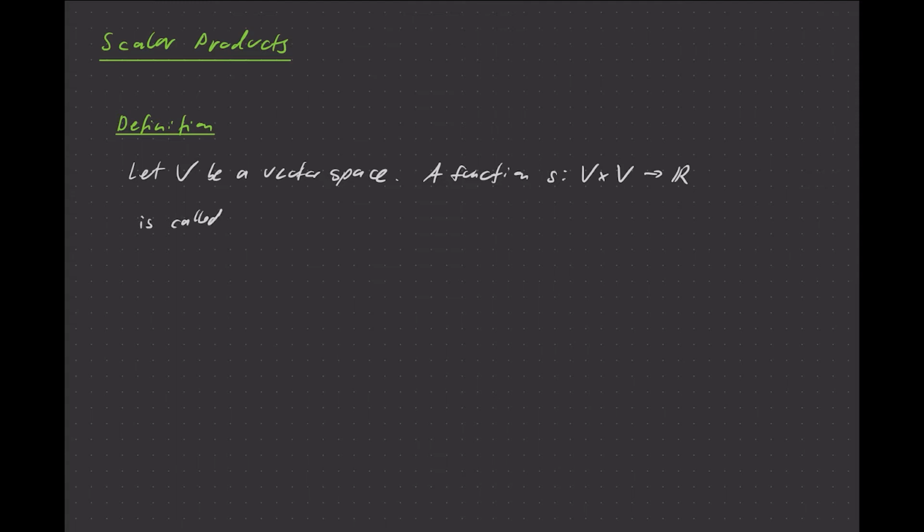So that is called a scalar product, or sometimes also an inner product, on V if it has the following properties.